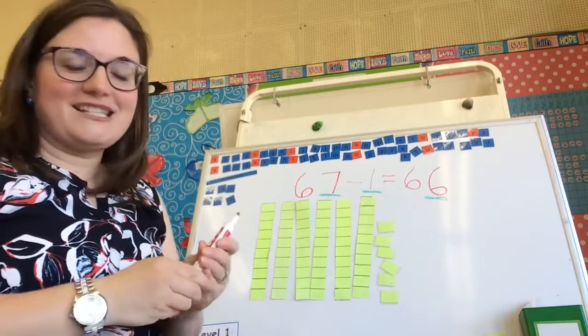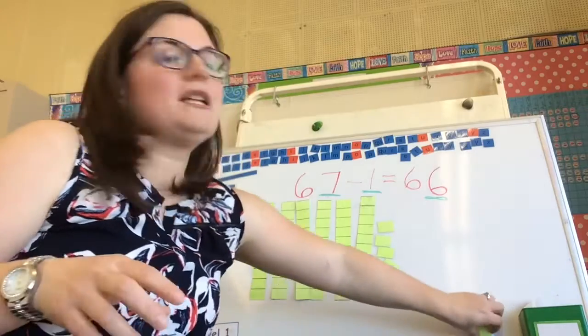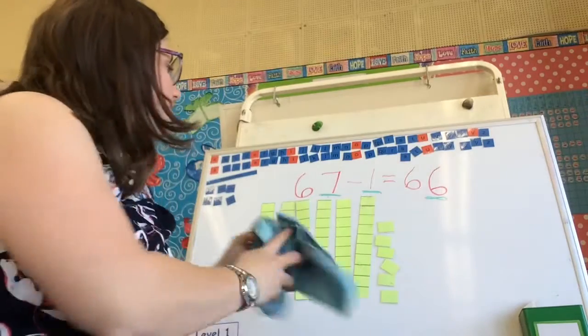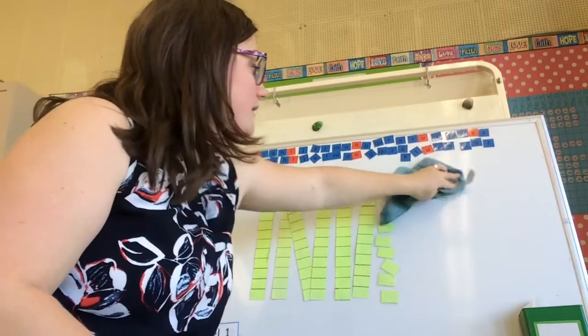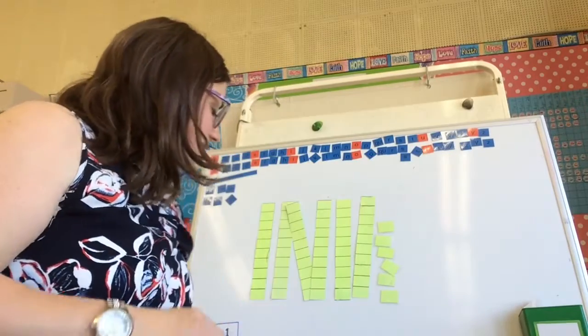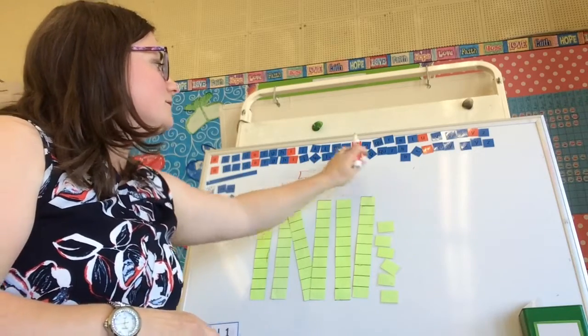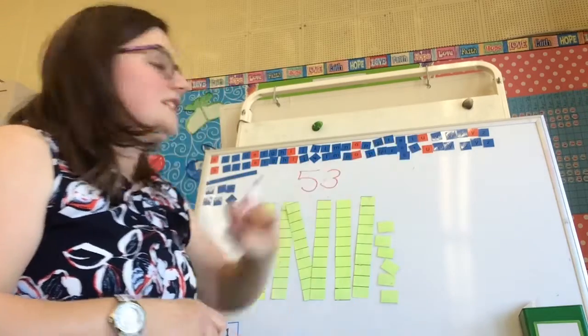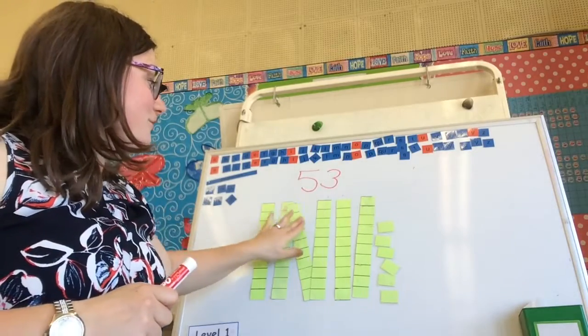Okay, awesome. Now, I'm going to go to a new number, and I want you to tell me if you can say out loud what this number is once I write it down up here. Okay, who can say this number out loud? Can you say that number out loud? 53.